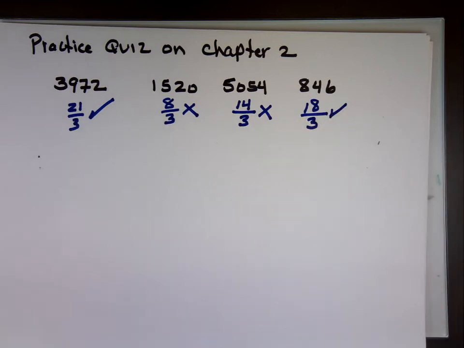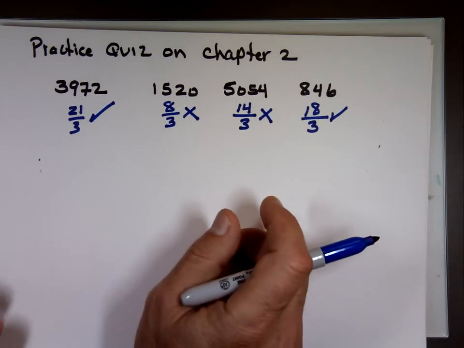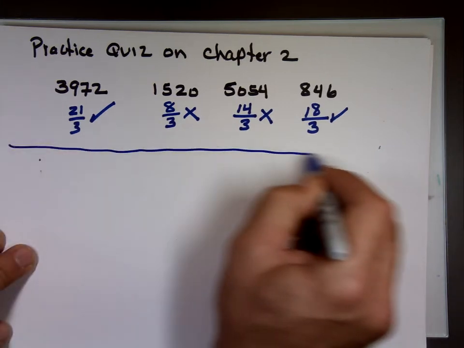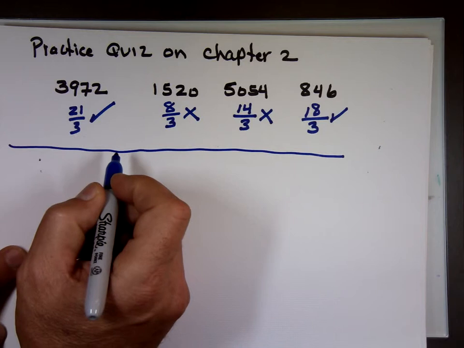How many of these numbers divisible by 3? 2 of them. Okay, next question. That's question number 1.